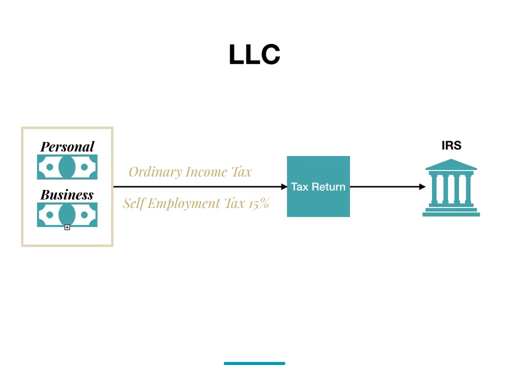All of your income is subject to an ordinary income tax, and that is based on the income tax bracket that you are in. But when you have a business, pay close attention to this. You will have to also pay an extra tax called the self-employment tax, which is about 15%.